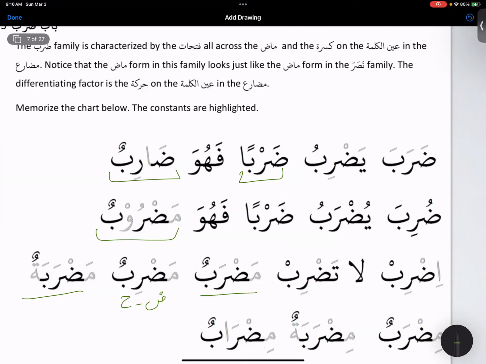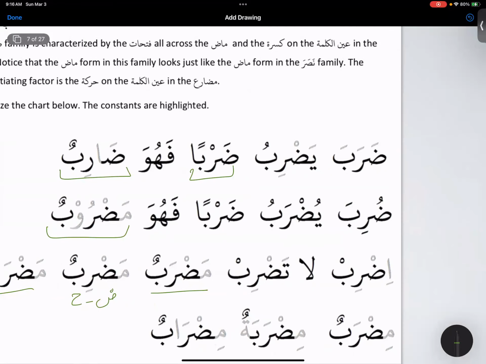And then the isam ala, midrabun. Remember, we give a kasra to the mim over here. Midrabun, midrabatun. You just add a ta marbuta in the next one, and in the third one you add an alif.